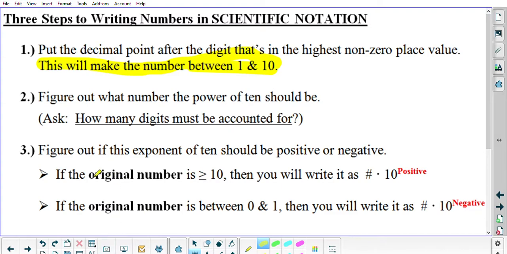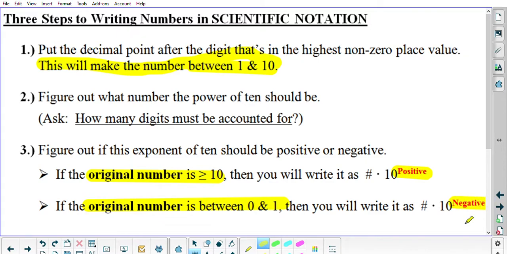If the original number is greater than or equal to 10, then it's going to be written as a number times 10 to a positive exponent. But if the original number is a very small decimal between 0 and 1, then it's going to be written as a number times 10 to a negative exponent.